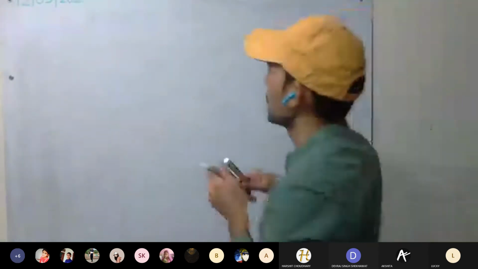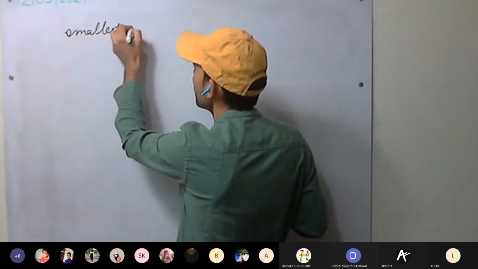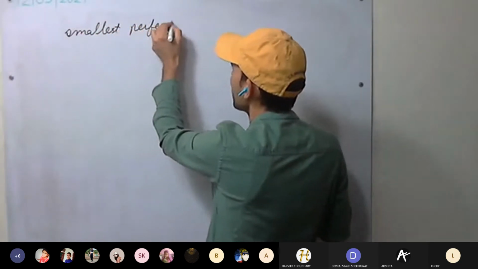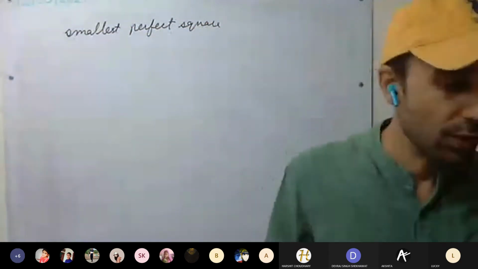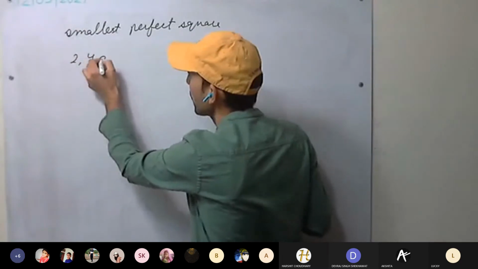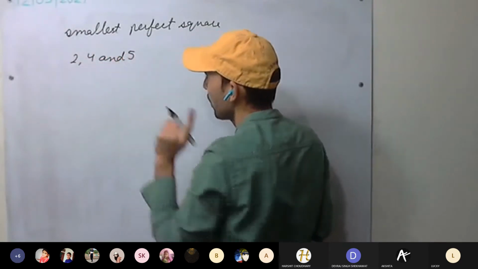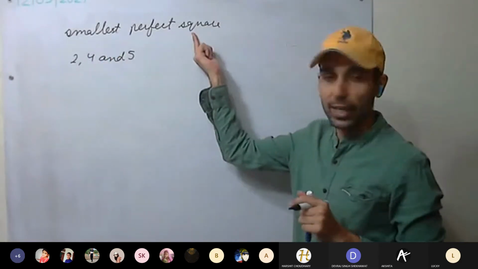See here, the smallest perfect square we have to find, which is divisible by the following numbers. Okay, I'm taking the first: 2, 4, and 5. Pay attention, I'll be telling only one question this time.